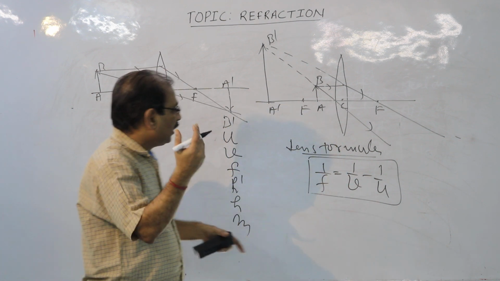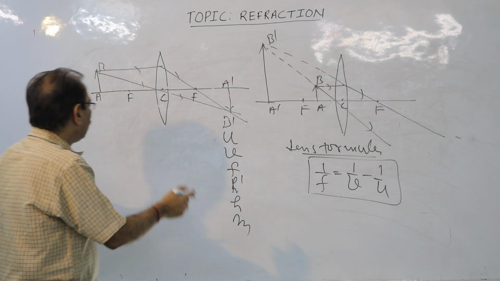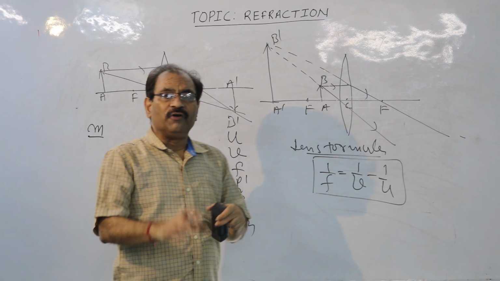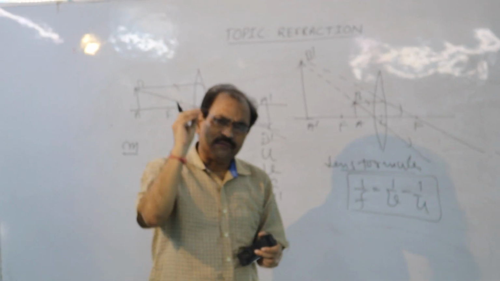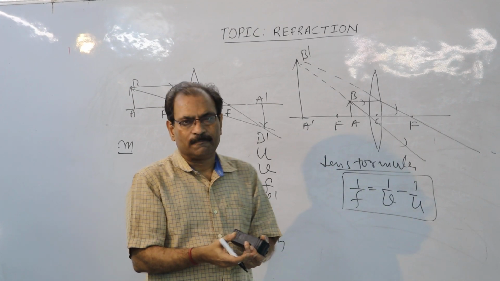Now, another important physical quantity about which I am going to tell you is called magnification, represented by M. Children, very interesting to note, the definition is exactly the same as you have already done under the topic of reflection.